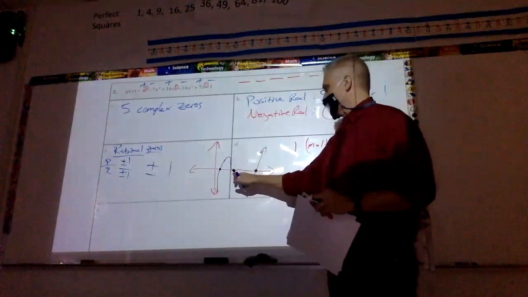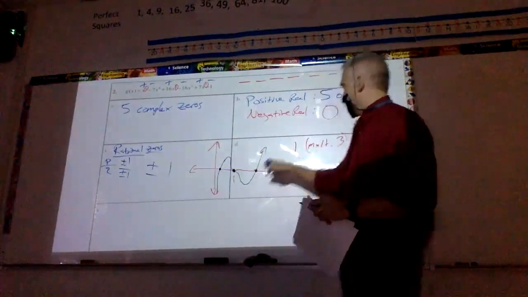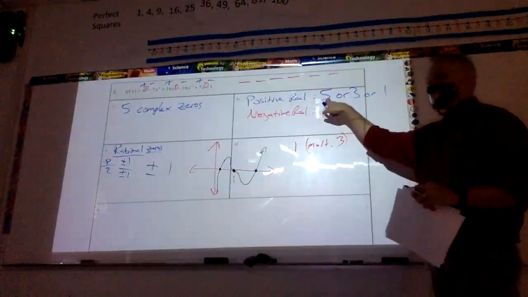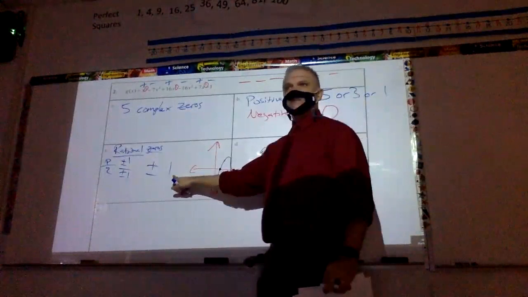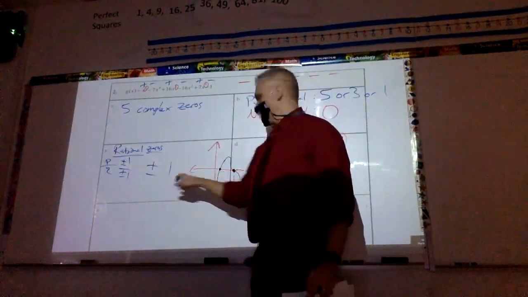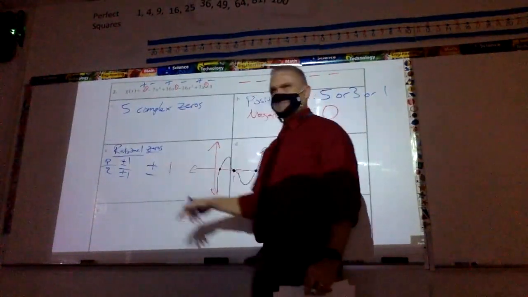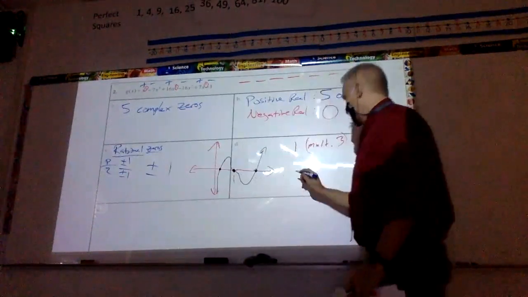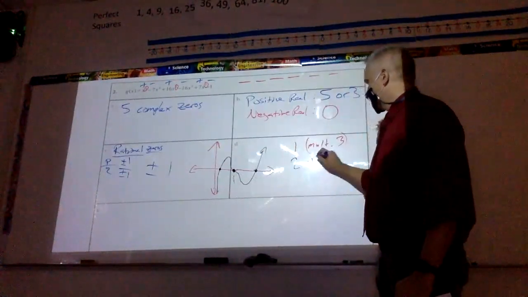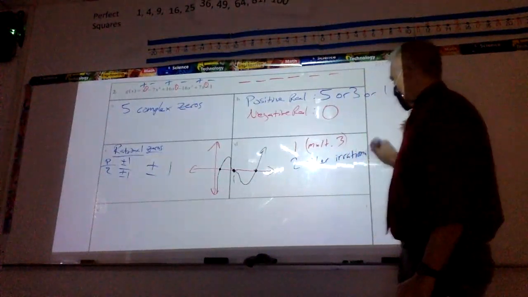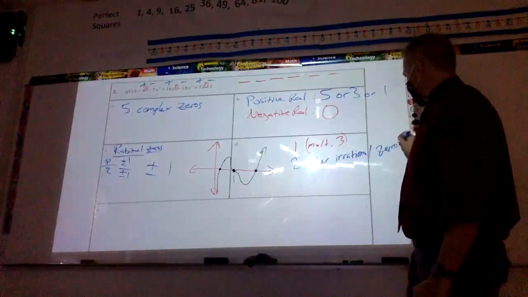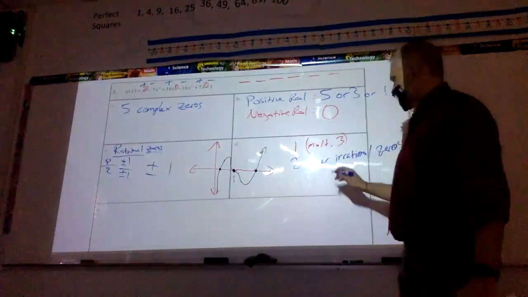So we got 3 of them here, 4, 5. All 5 are going to be positive real zeros. But I also know they're not rational. I know the 1 is, but these two aren't. So I have two other irrational zeros, with multiplicity of 1 each.